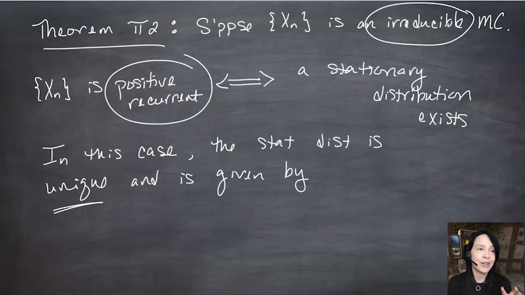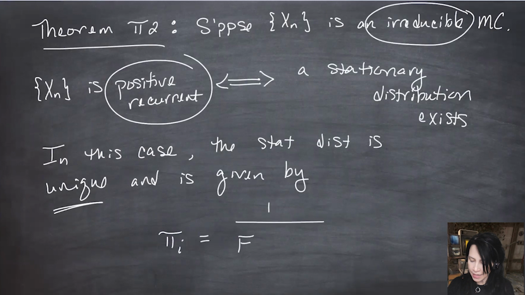You could, if someone asks you for a stationary distribution, look at powers of the matrix and try to find a stationary distribution by looking at how the Markov chain is behaving at time infinity. So the stationary distribution is given by pi_i, the probability of being in state i, is 1 over the expected, starting from state i, time to return to state i.